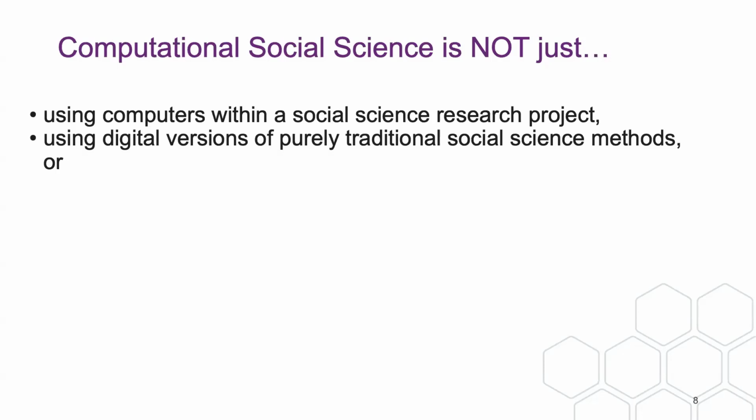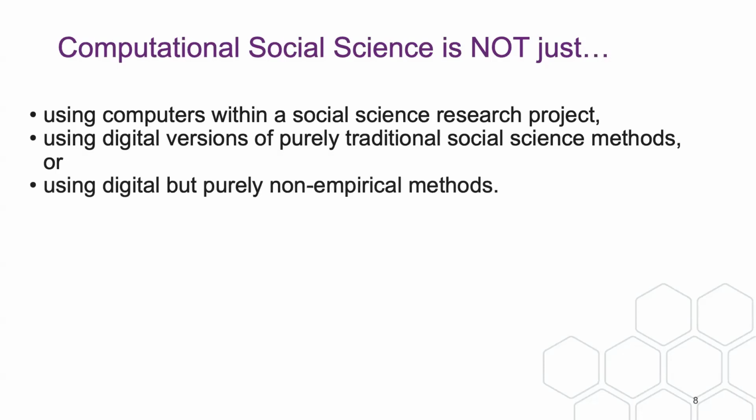It's not just a digital version of something that you would normally do in social science. And it's not just using digital, but purely non-empirical methods. So I'm going to give you a few examples that will untangle these ideas a bit more, because I know they're not always entirely obvious.